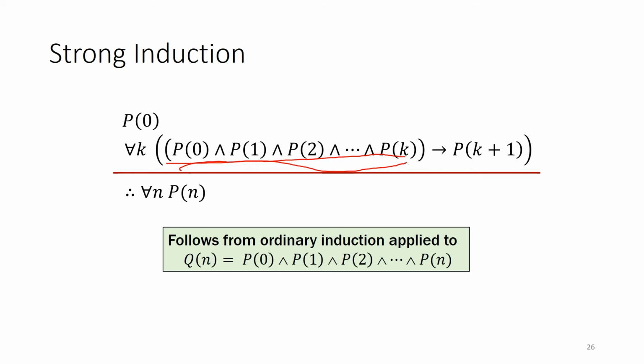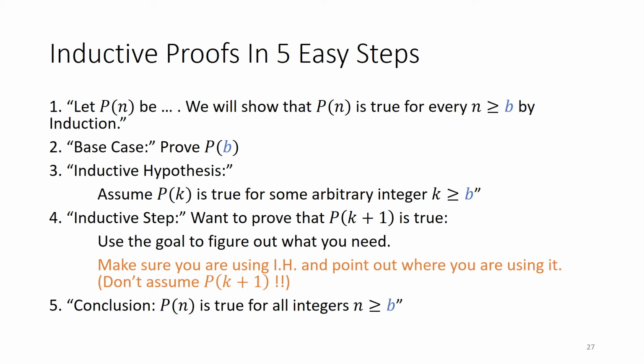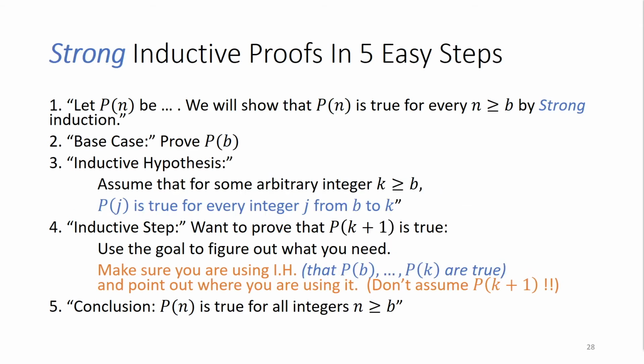So yeah, this is the induction with different starting point, and this is a strong induction with the same 5 steps. So we want to show P of n, and we can define the claim first. Using strong induction, the first step we need to prove is the base case.